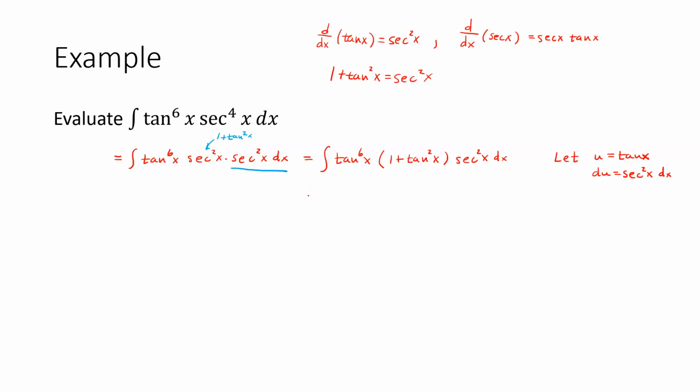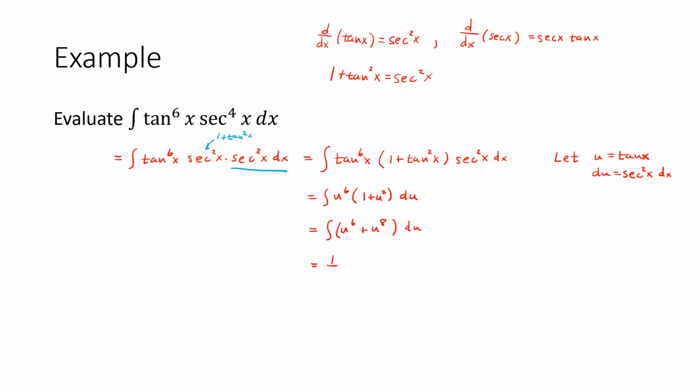So now our integral becomes the integral of u to the 6th times 1 plus u squared, du. Now it's a simple polynomial integral. Before I integrate here, I'm going to distribute the u to the 6th. So we get u to the 6th plus u to the 8th. And so now I'm ready to integrate.